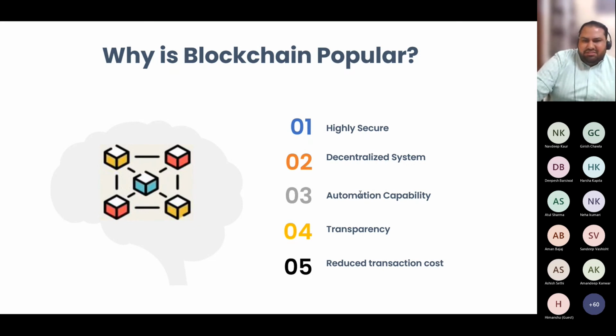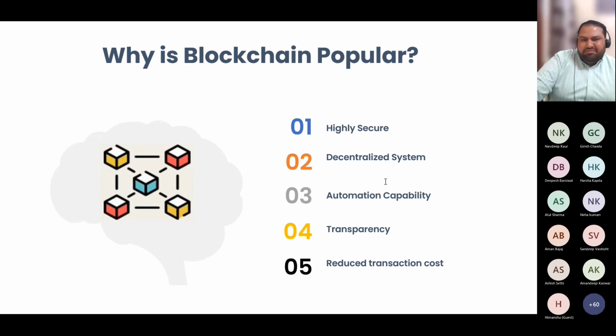The next one is decentralized system. As we discussed, blockchain is a decentralized system and we do not require any third party or central agency to conduct any kind of transactions or data, which makes transactions smoother, safer, and faster.